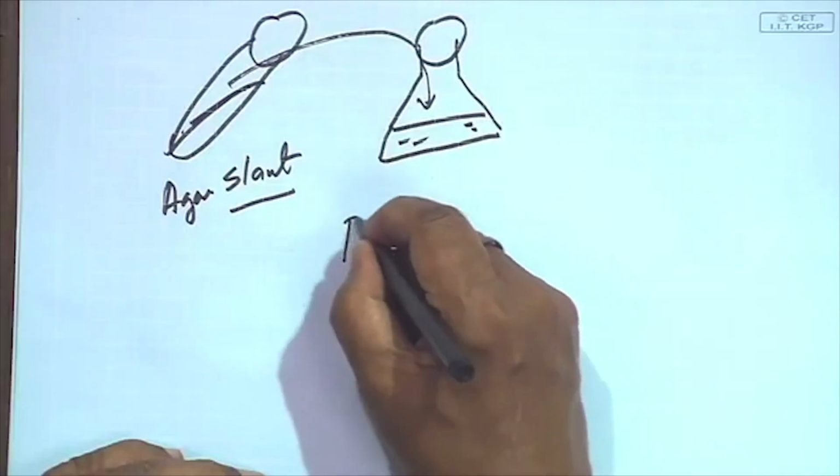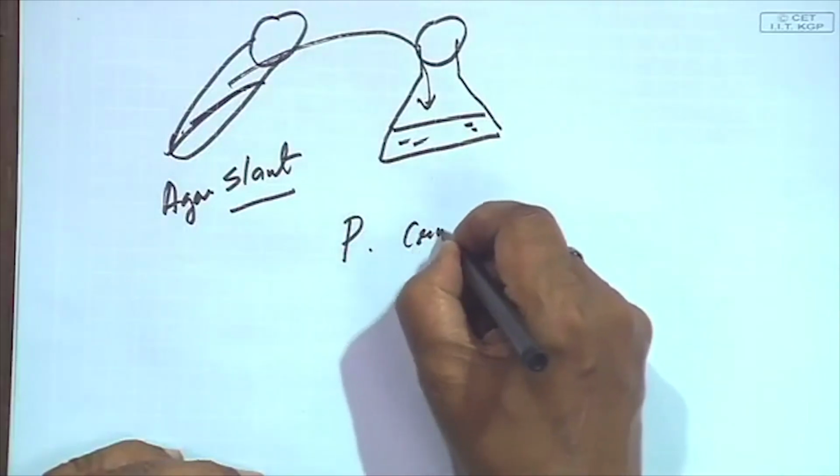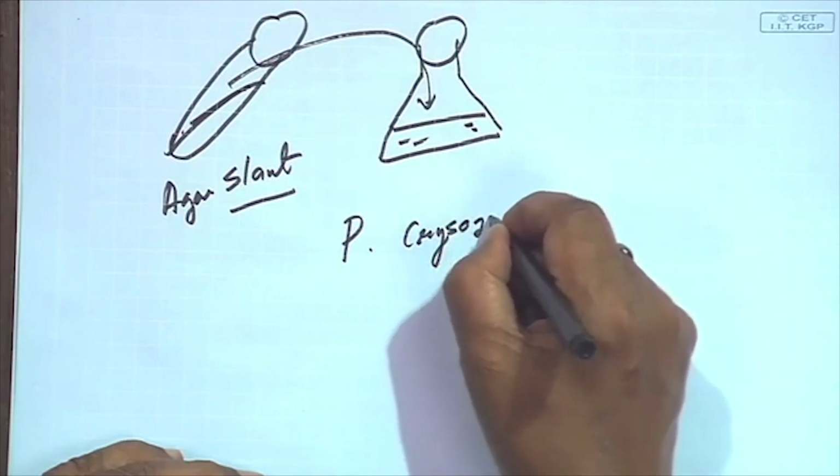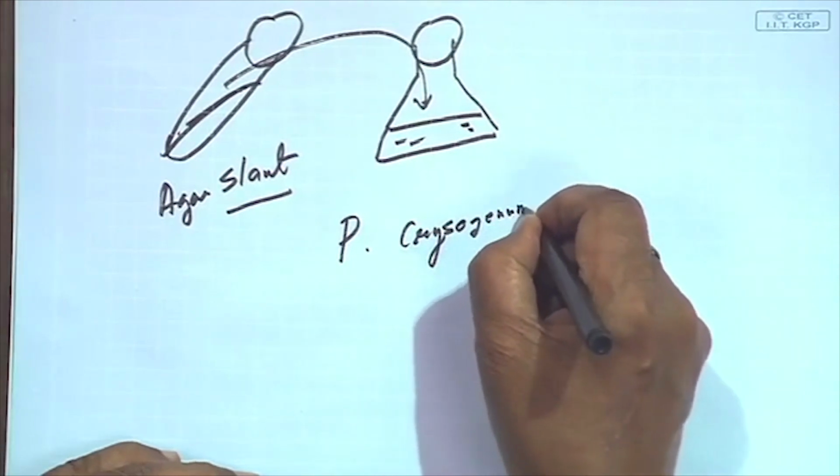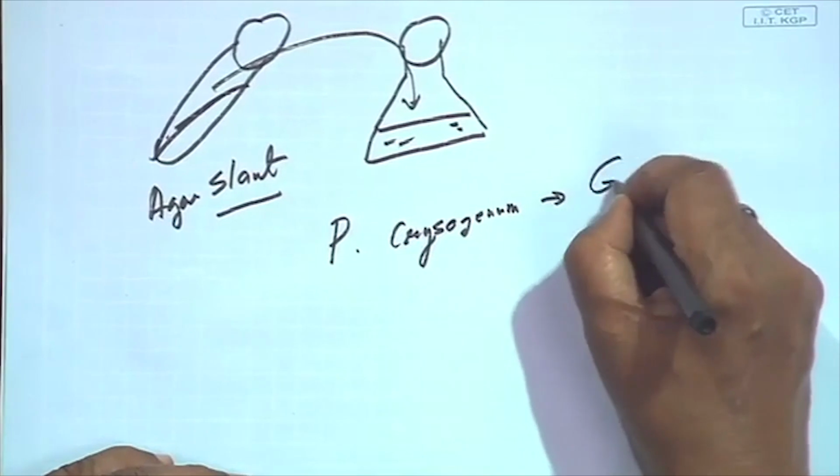So we have to do the sporulation of this microorganism, and I have already shown you how the sporulation is done. I mentioned that by using barley grains and honey peptone media, it is possible to produce the spores of any kind of fungal cells. Penicillium chrysogenum has a green spore.